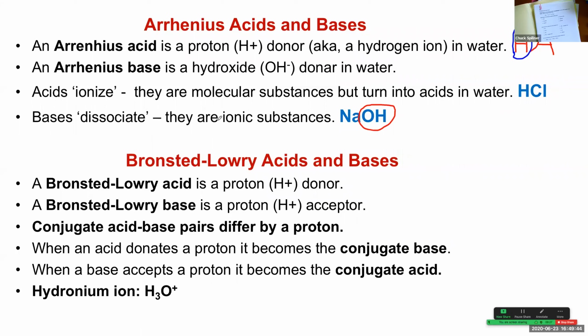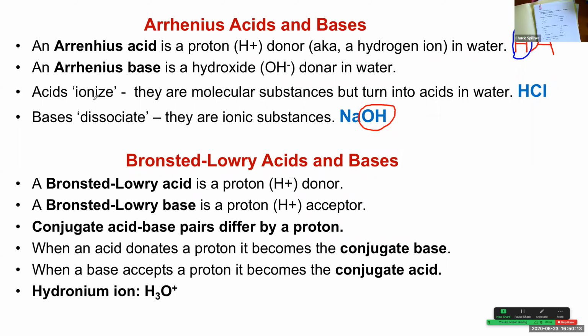Now the way these work is that we say that acids ionize. So acids are molecular substances. HCl actually is a gas. When you put it in water, the bond between the hydrogen and chlorine is very weak. The hydrogen comes off as a hydrogen ion, and the chlorine stays behind as a chloride ion.